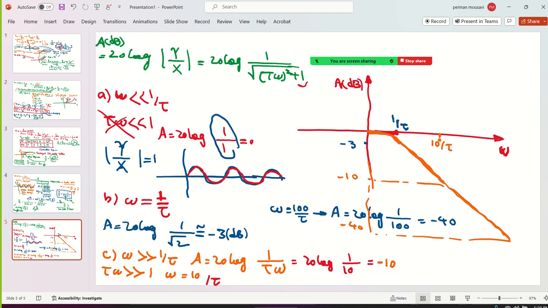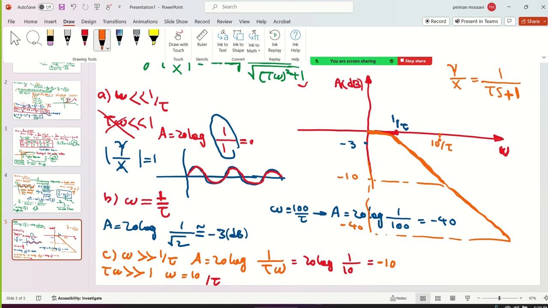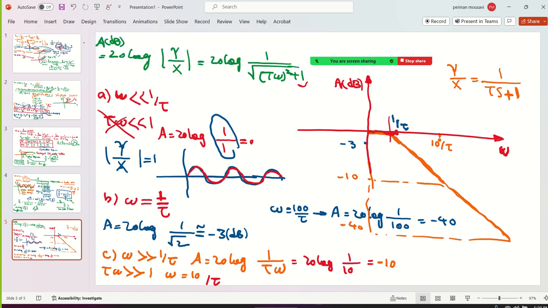Guys, this was for first order systems, like the RC circuit. Remember, we were talking about the RC circuit or spring and damper or the tank of water. It's interesting. Listen to me very carefully, guys. It says when the excitation frequency is a very low value, the output follows the input here.